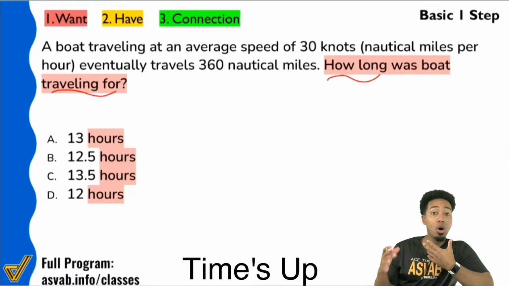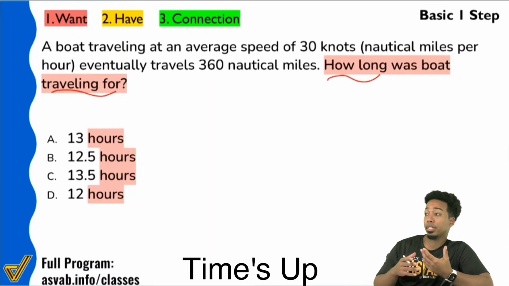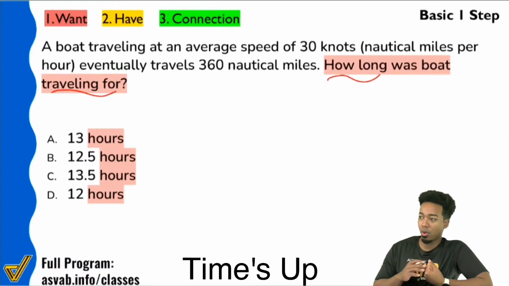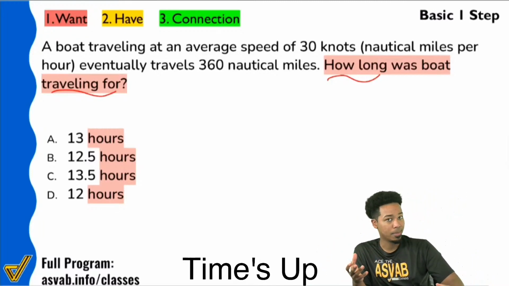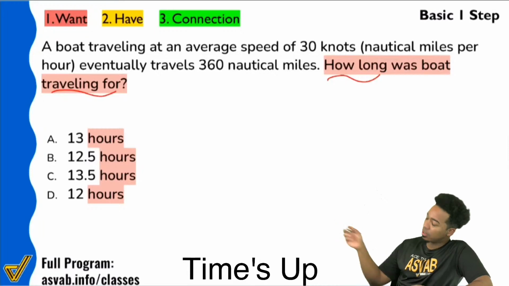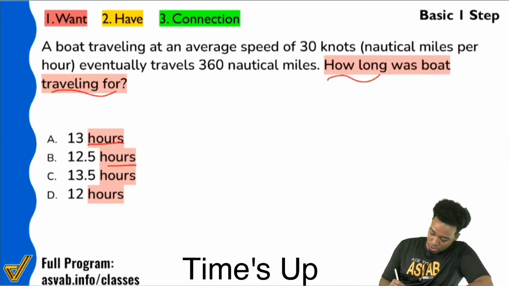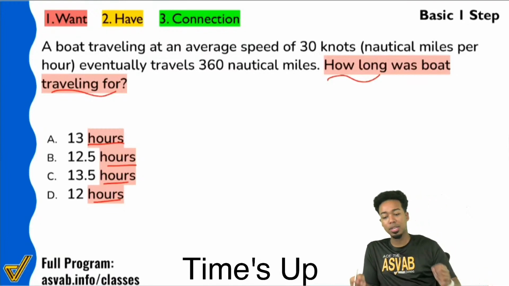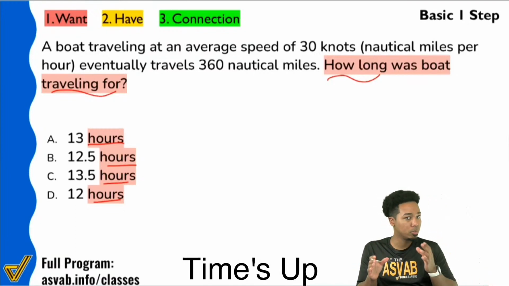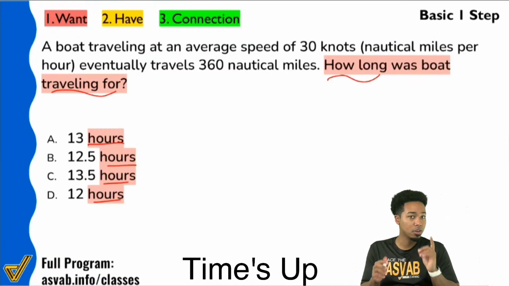How long was I traveling to the store for? Or how long was I away for? You might think time. And to confirm that, if you look at the answer choices, you just see hours. So for anybody who had something other than time, do you understand that the goal of the problem is to figure out time?